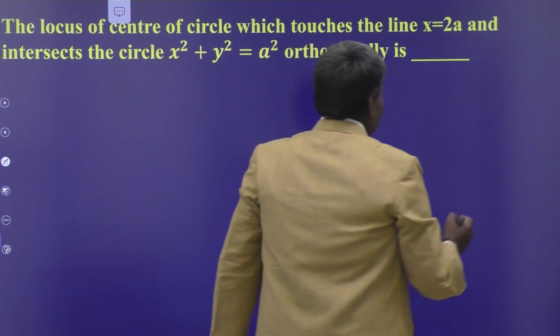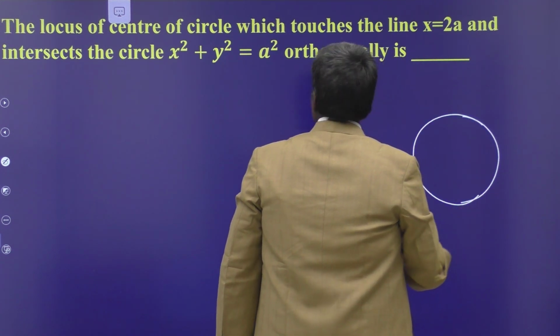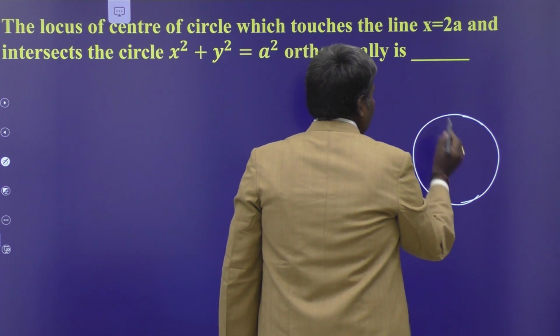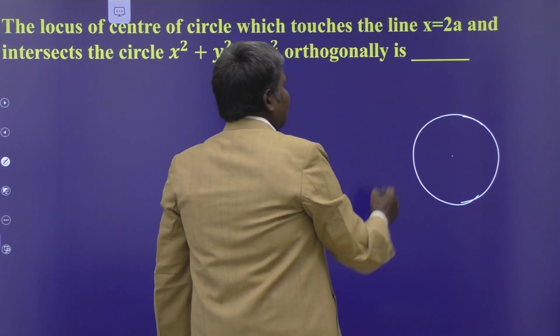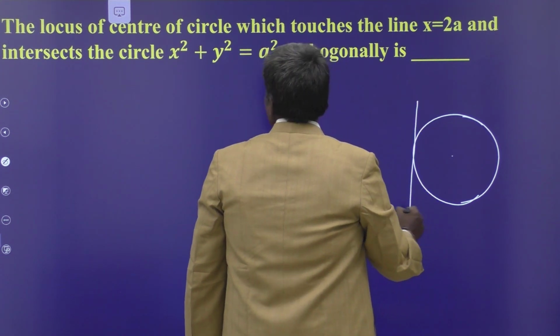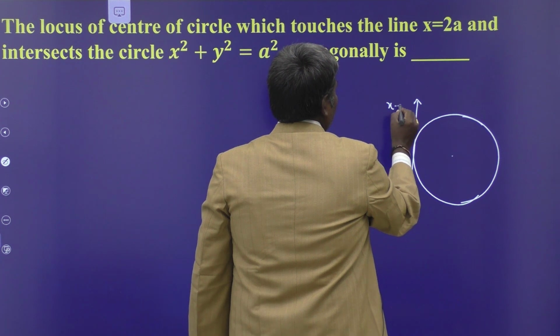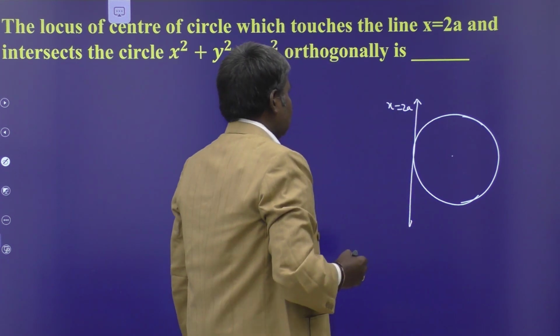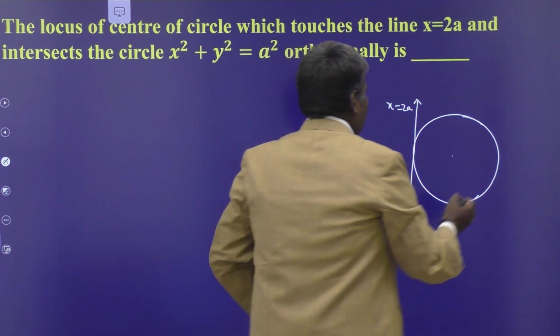That means what? Suppose this is one of the circles. We have to find out the center. What is the role of the circle here? That touches what? Y-axis. Sorry, this is not the y-axis. x equal to 2a is just a line parallel to the y-axis, and the circle intersects x square plus y square equal to a square.